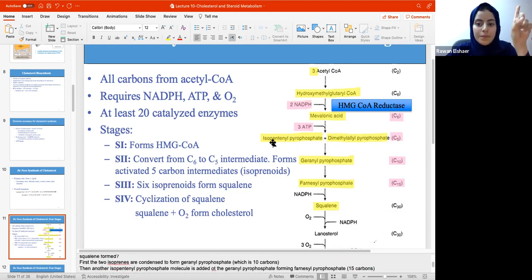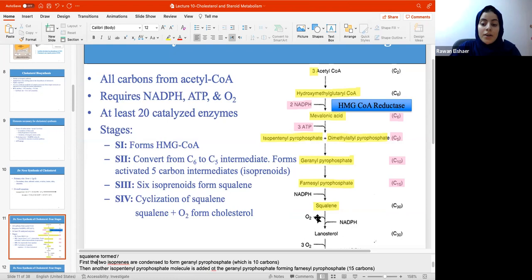The ones in equilibrium. Isopentenyl pyrophosphate and dimethylallyl pyrophosphate join to form geranyl pyrophosphate, which is C10, because each of them is C5. Then the geranyl pyrophosphate joins with another isopentenyl pyrophosphate, forming farnesyl pyrophosphate, which is C15, because 10 plus 5. Then farnesyl pyrophosphate joins with another farnesyl pyrophosphate, and that makes a 30 carbon molecule called squalene.